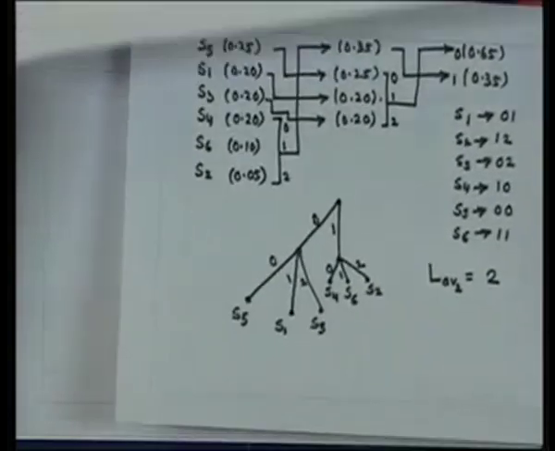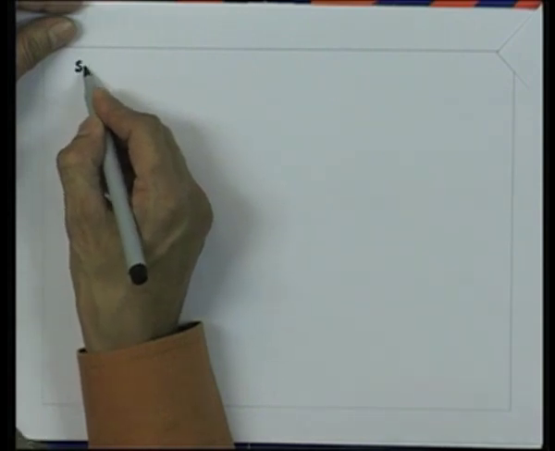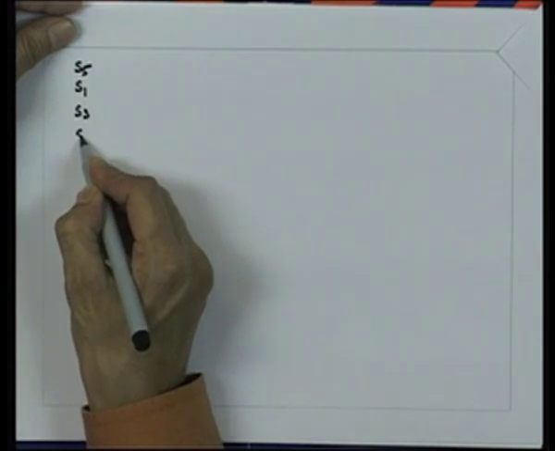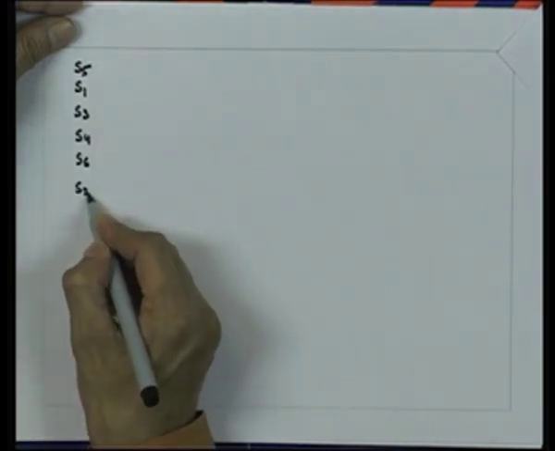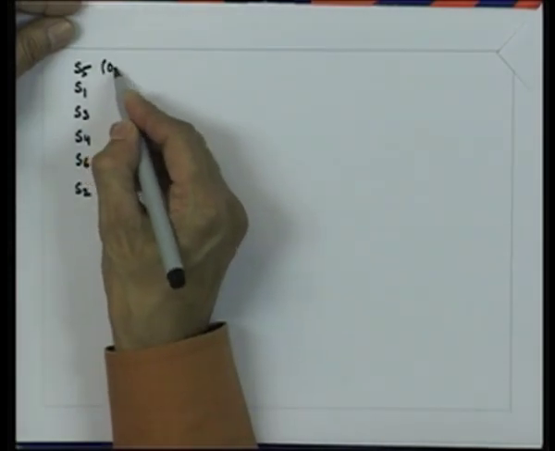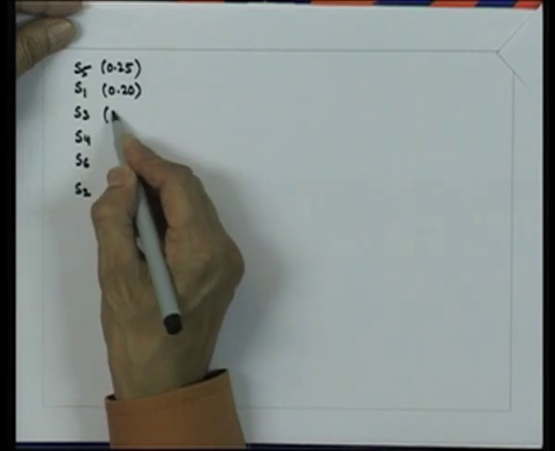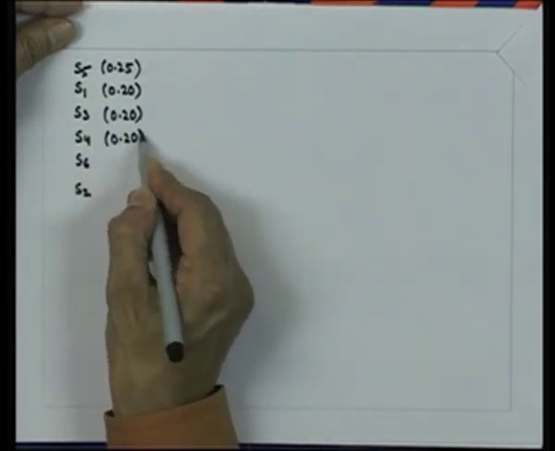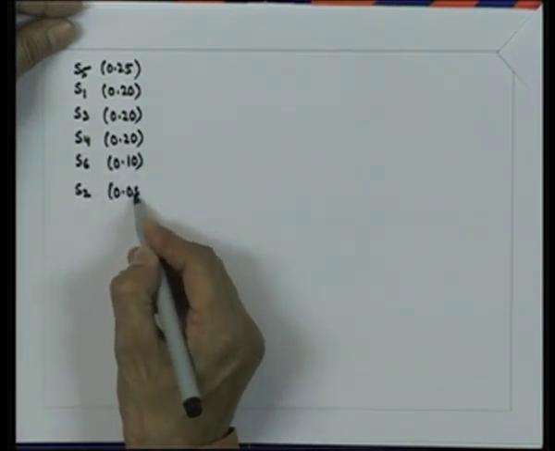And finally we will follow the procedure as given here. I have S5, S1, S3, S4, S6, S2, 0.25, 0.20, 0.20, 0.20, 0.10, 0.05.